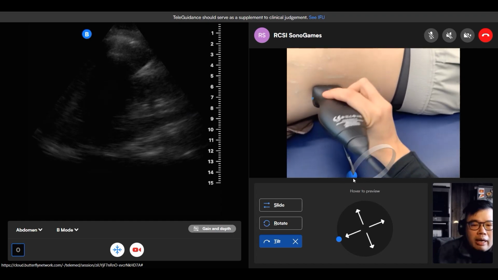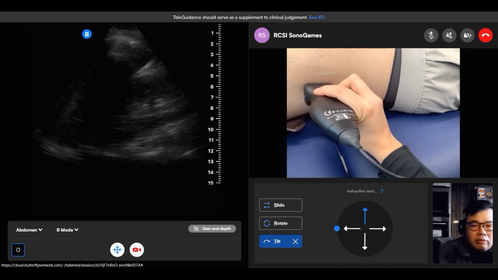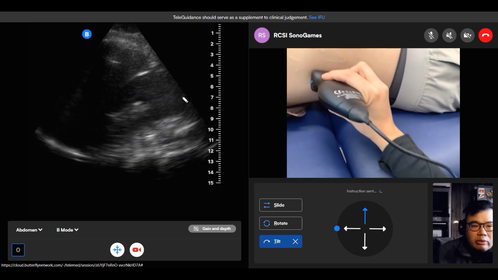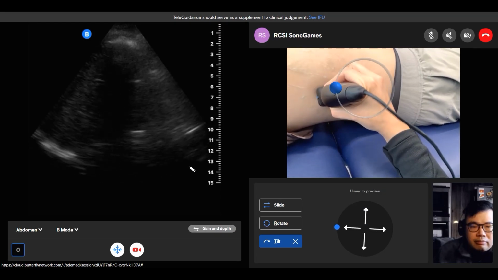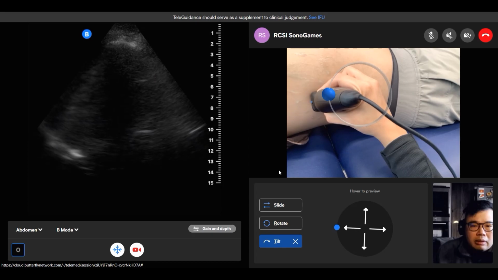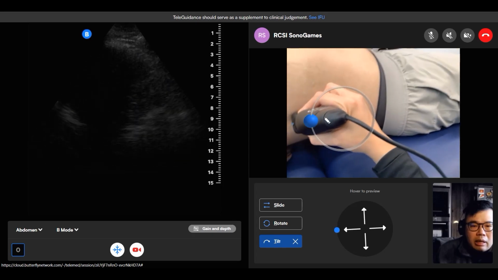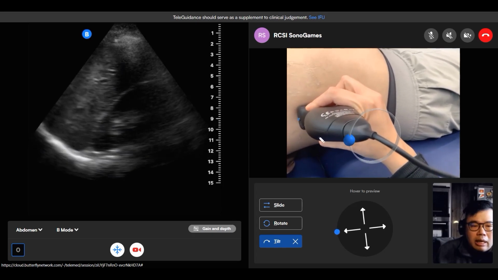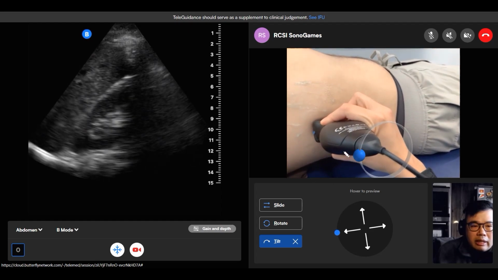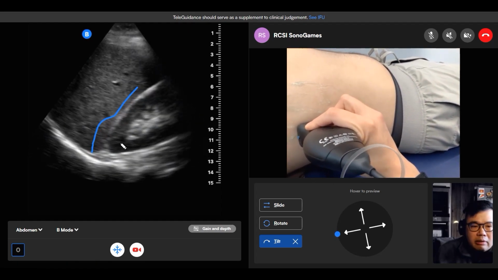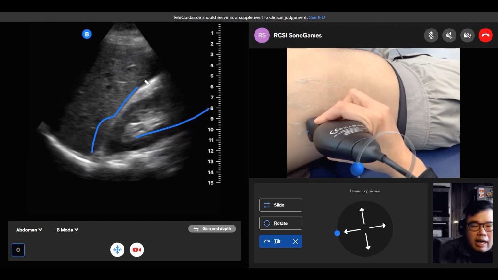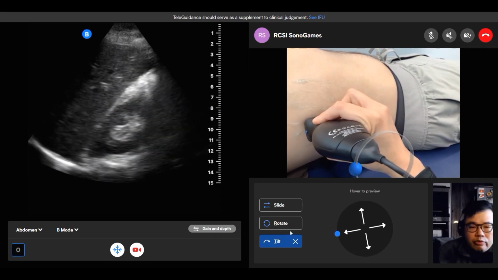I need to see the wire almost. Yeah, there we go. So if you tilt the probe tail up, you'll start to see the kidney. Can you hold it like that? Yeah, there you go. So that's your Morrison's pouch. That's your kidney. And then after that, you can move your probe.